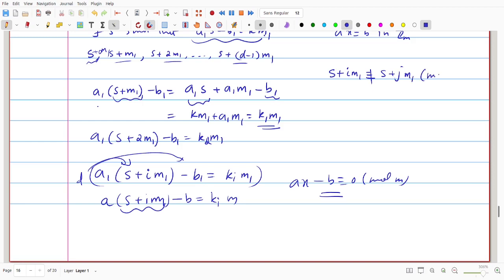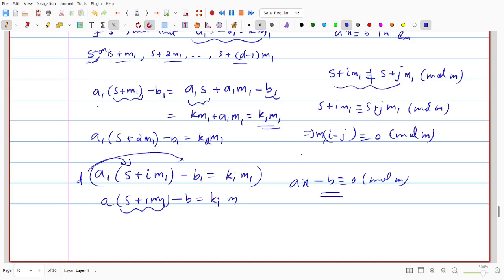Because if this is true, if i m1 is congruent to s plus j m1 mod m, then what happens? By taking the difference, we will get (i minus j) m1 congruent to 0 mod m.